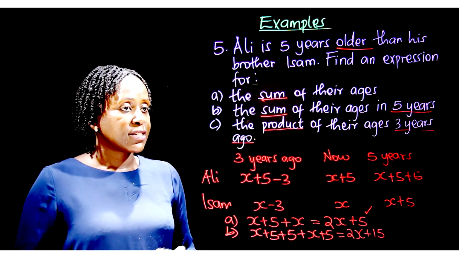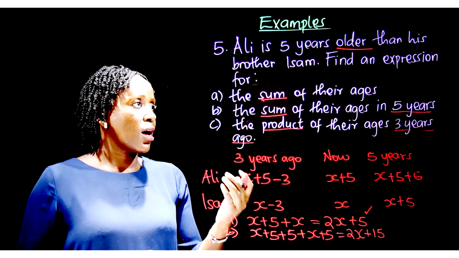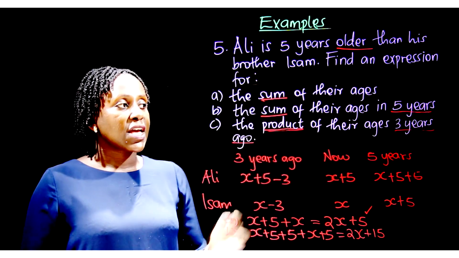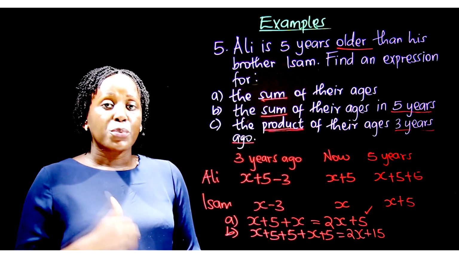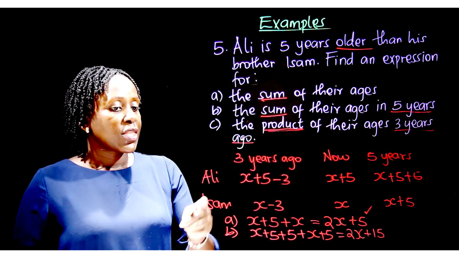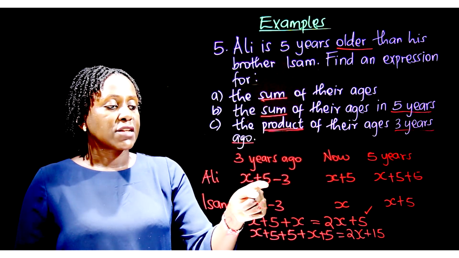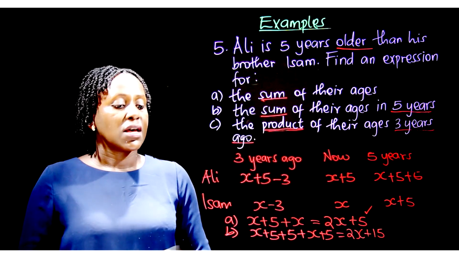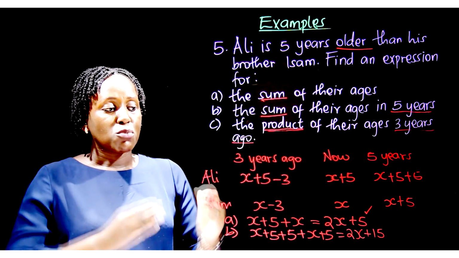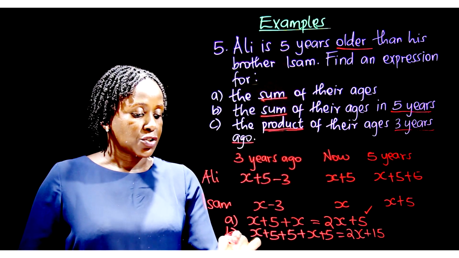Now for the third part, we need to determine the expression that represents the product of their ages 3 years ago. So product is obtained through multiplication. 3 years ago, Ali was x plus 5 minus 3 years, and Isam was x minus 3. So product means we multiply the two expressions.